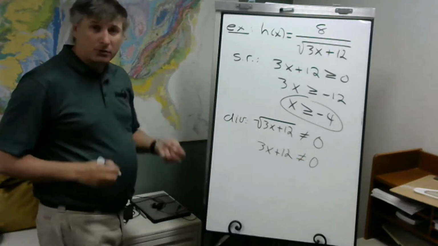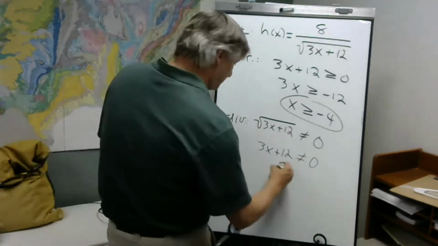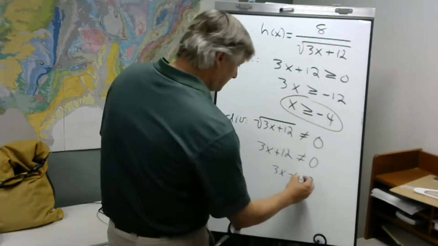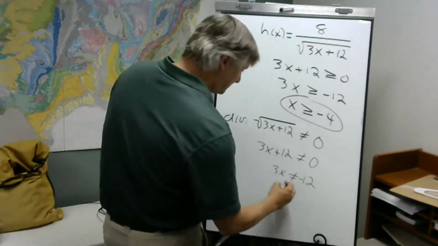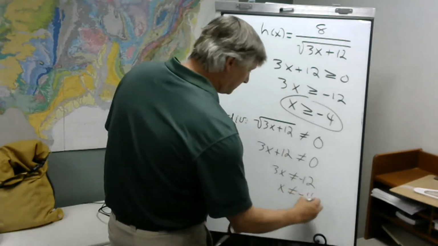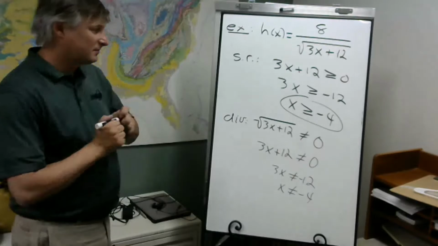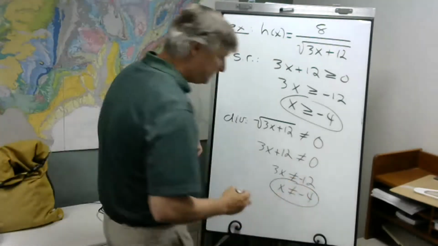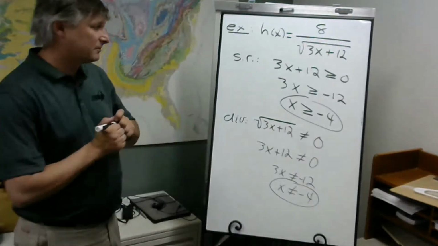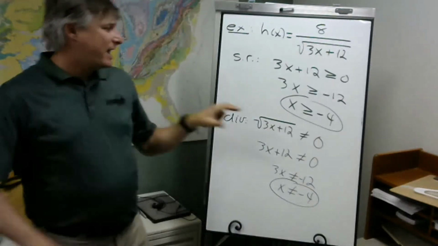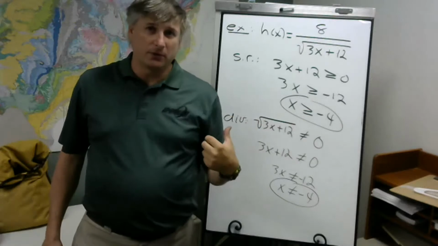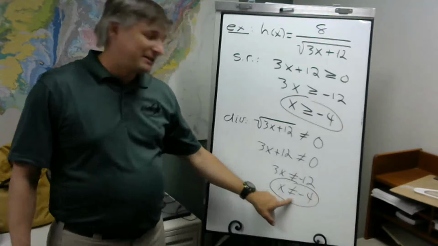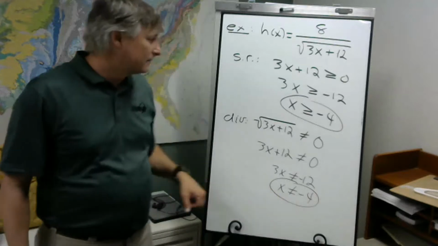So that means 3x plus 12 can't equal 0. 3x can't equal negative 12. And then x can't equal negative 4. So we've got two restrictions here. We need x to be greater than or equal to negative 4. And in addition, x can't equal negative 4.